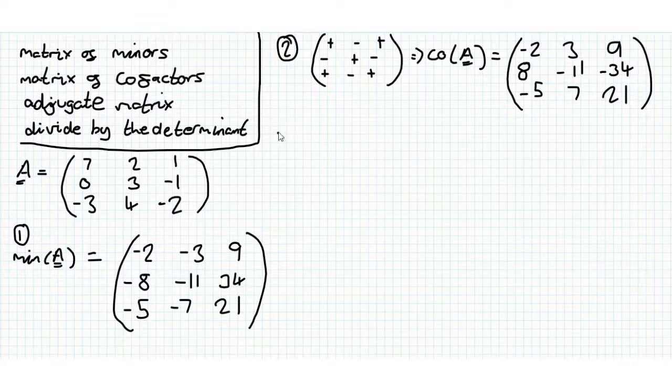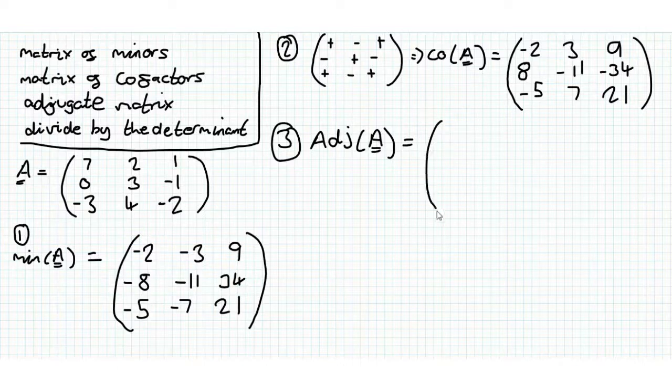Now step 3 is the adjugate matrix. We'll just call this adj of A. The adjugate matrix is the matrix of cofactors transposed. So from here we transpose the matrix, and by transpose we just mean we swap the rows and columns over.